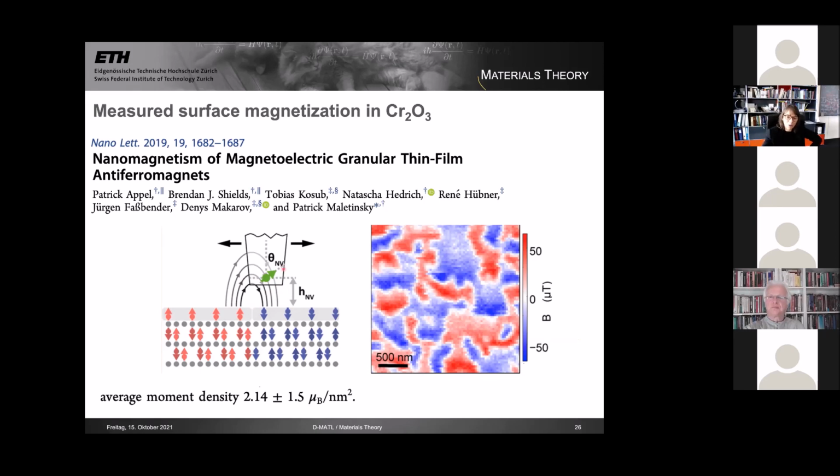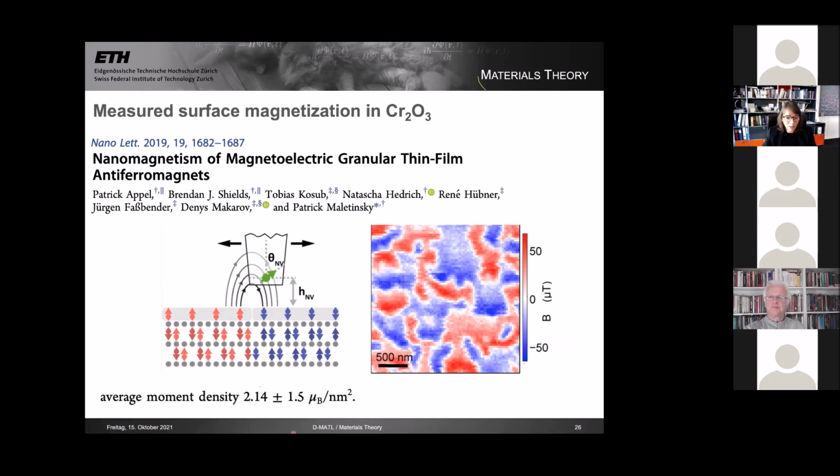They had to do a lot of modeling, because what they measure is the field strength at a certain height, to extract from that the surface magnetization. And the number that they get is, I'd say, really rather remarkably consistent with the value that you get from the picture of the magnetoelectric multipoles causing the surface magnetization.